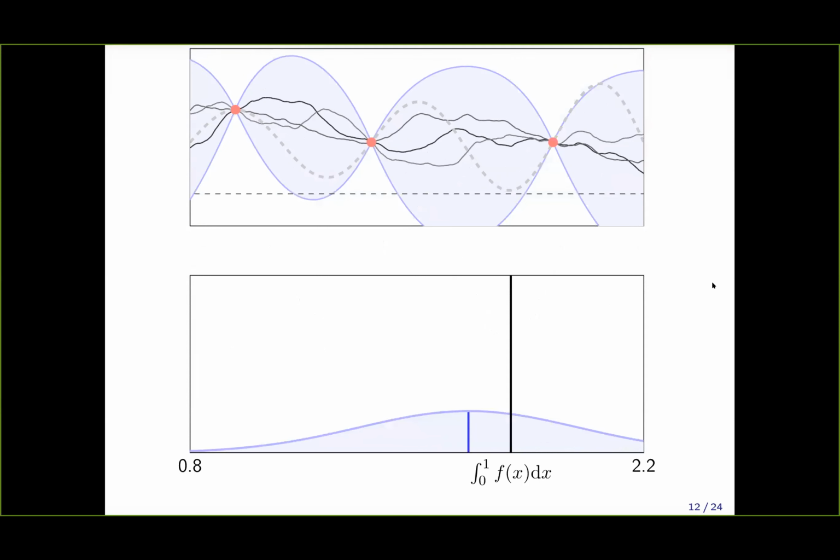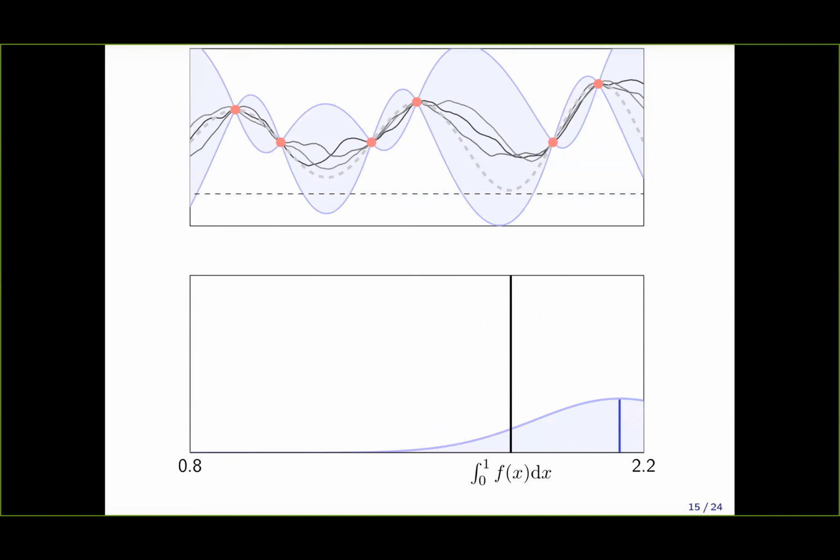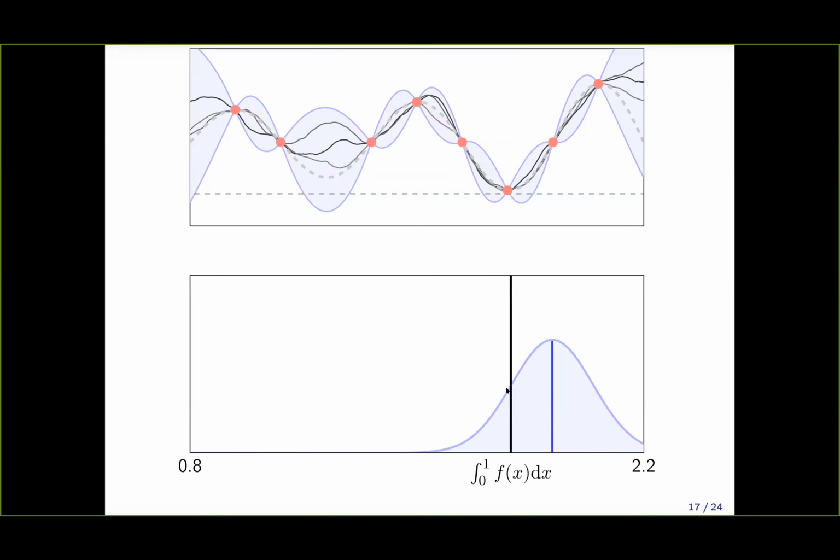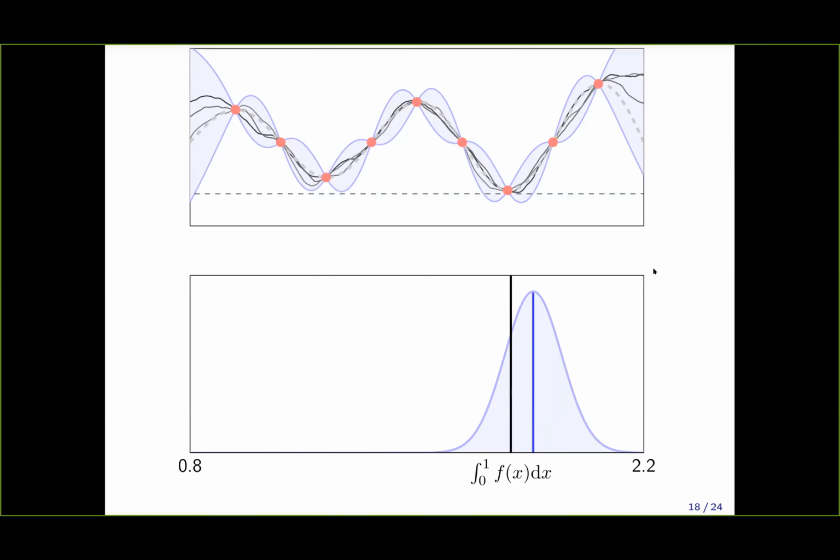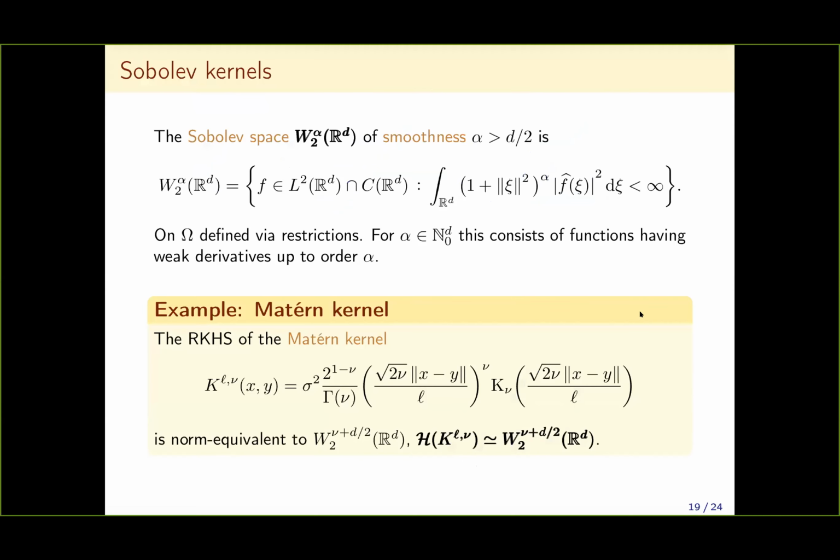We see that the uncertainty, which is represented by this blue interval, starts to decrease, and for example, the mean of the integral starts to converge towards the true integral value. And then we'd hope that the uncertainty decays at a similar rate as the mean converges to the true integral.